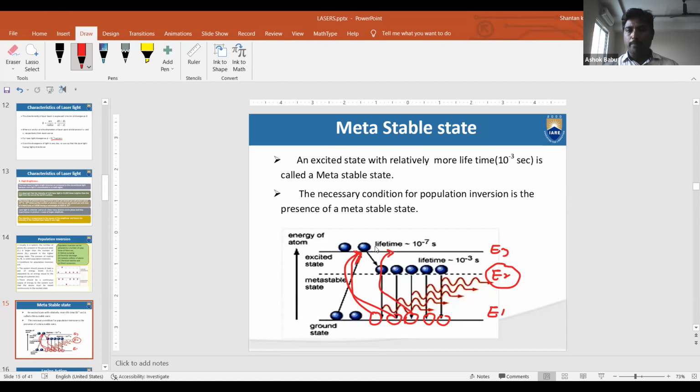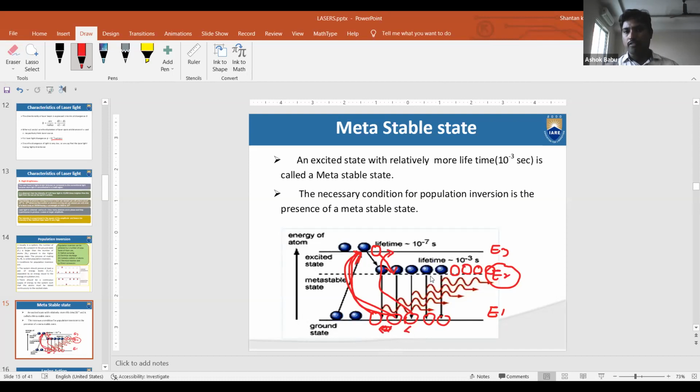After that, what will happen? By stimulated or spontaneous emission of radiation, the atoms appear in the metastable state. Its purpose is to hold atoms for the maximum time. Due to that, atoms go on increasing in the E2 state, while using the pumping mechanisms, atoms go on decreasing in the ground state.